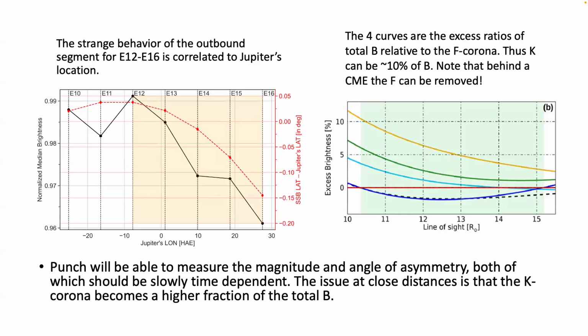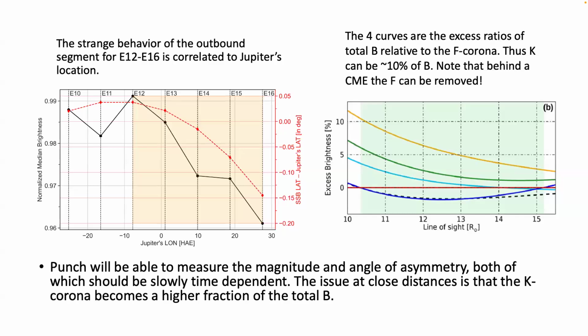In this next plot, I shouldn't have put it here, but I did. What you see here is these various colored lines are the total brightness of 4 different encounters. And it's showing that relative to the 0 line is in fact our background F coronal model.